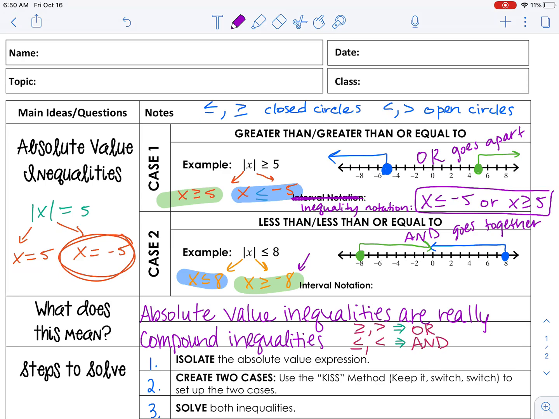So this is an and inequality. Again, I'm going to start with the one that's the smallest. x is greater than or equal to -8, and x is less than or equal to 8. And again, this is not interval notation. This is inequality notation. But this is the answer that you'll put in the IXL that you do later.